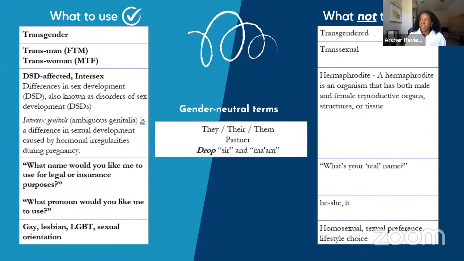So to start, let's talk about what to use and what not to use. I like to follow the lead of the patient when I'm talking to them. I may start off asking them, what terms would you like for me to use? It may sound a little weird, but it's not weird in this day and time. You can ask what pronouns do you go by, just to get familiar with your patient.